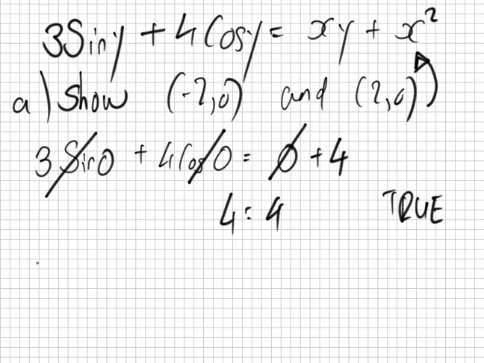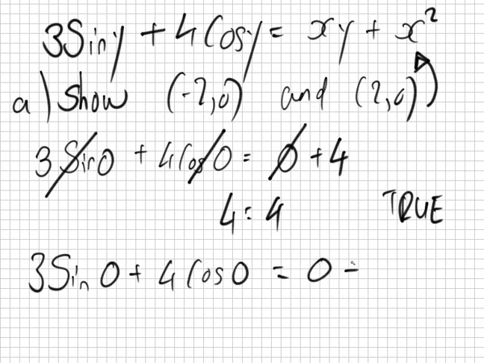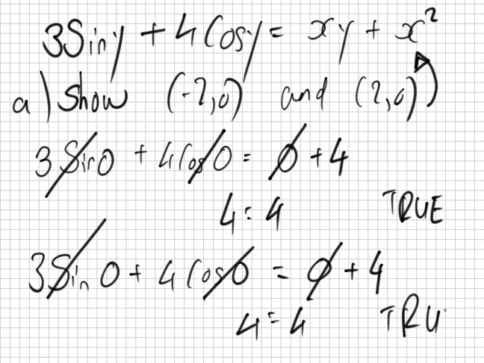Let's check the second one. 3 sine 0 plus 4 cos 0 equals 0 plus 4. Sine 0 is 0, cos 0 is 1, 4 equals 4. True. So we've confirmed that this point is also on the curve. So we've shown that these points are on the curve, i.e. the curve crosses the x-axis at plus and minus 2. So that's the A part.